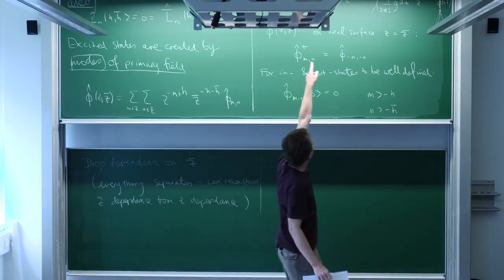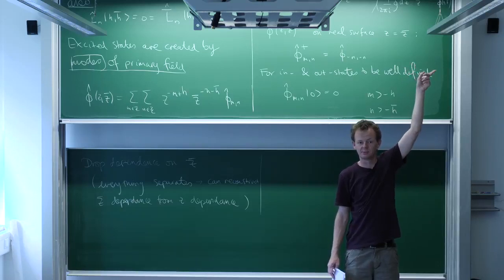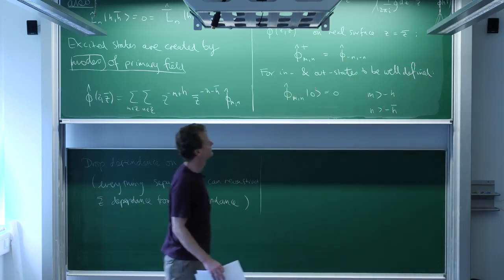So if you look at these expressions at the top of the board, you can see that the dependence on z bar separates from the dependence on z. It's just separate integrals.